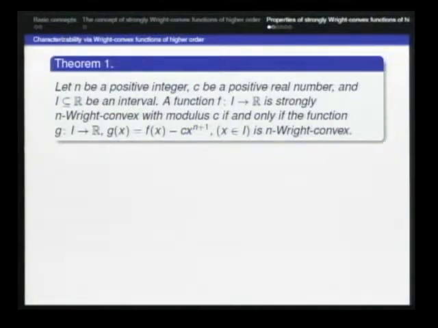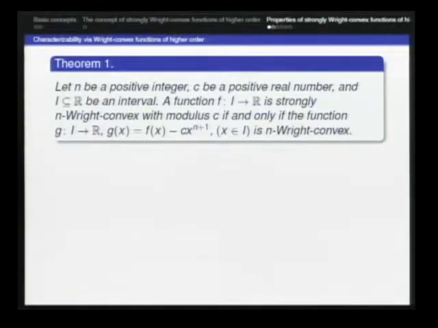If a function mapping into R and defined on the interval I is strongly n-Wright convex with modulus C, then, if and only if, the function g that we get so that f of x minus C times x to the power n plus 1 is n-Wright convex.